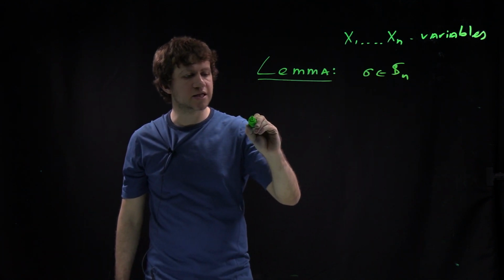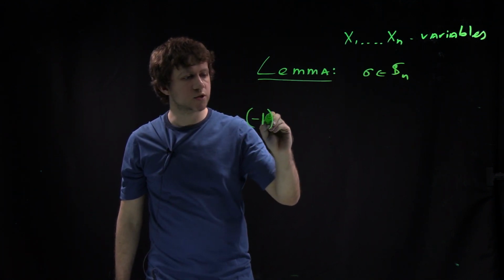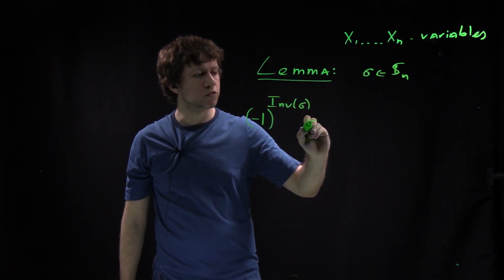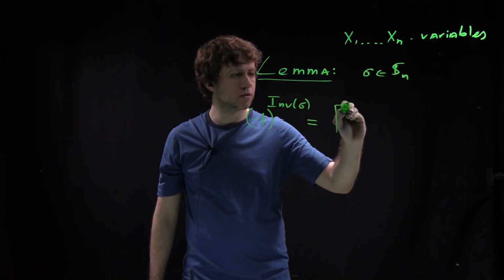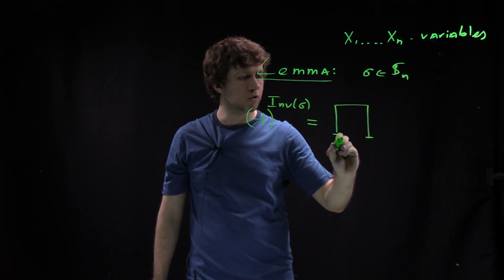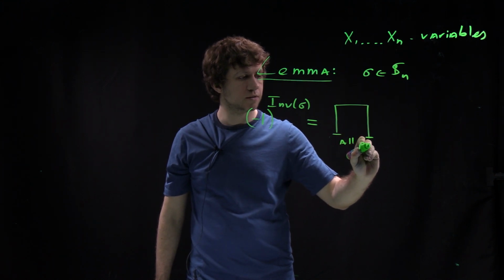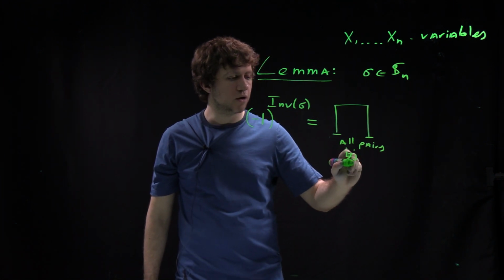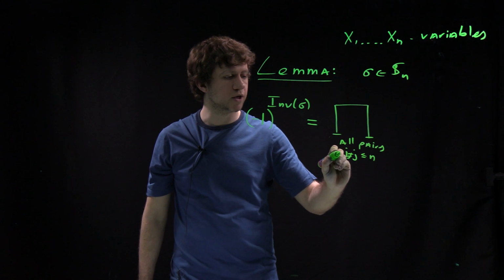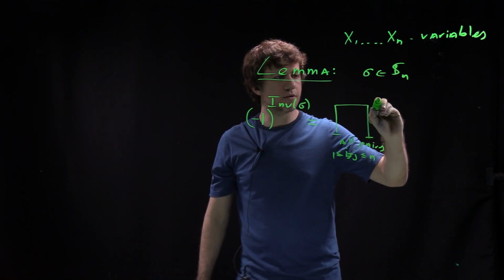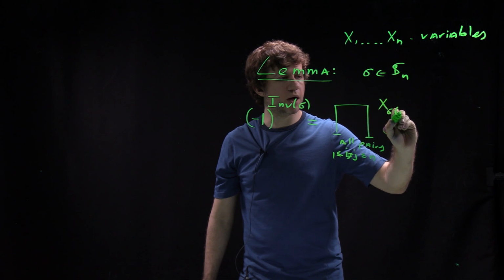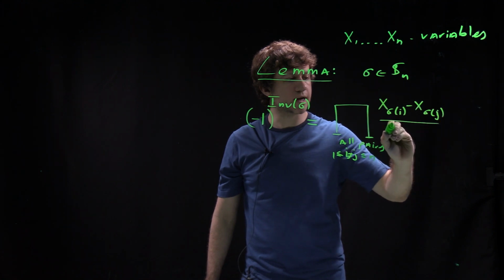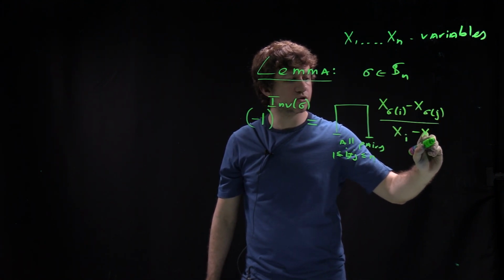Then the lemma says -1 to the power of the number of inversions of sigma is equal to the product over all pairs i, j, i not equal to j, where of course i and j are between 1 and n, of x sigma of i minus x sigma of j divided by xi minus xj.